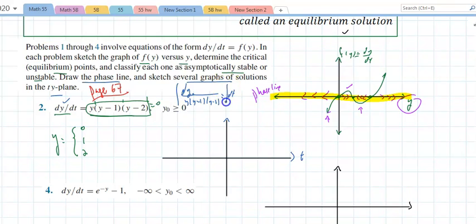And if I integrate, then I have to use partial fractions. I'm going to find the solution and graph it without actually doing any calculus, just by simply using the phase line. Well, let's see. y equals 0 is right there. y equals 1 is right there. And y equals 2 is right there.